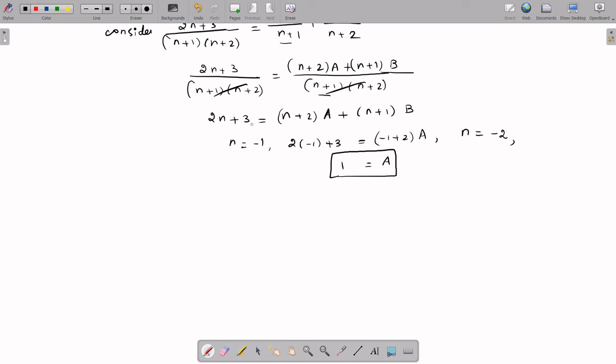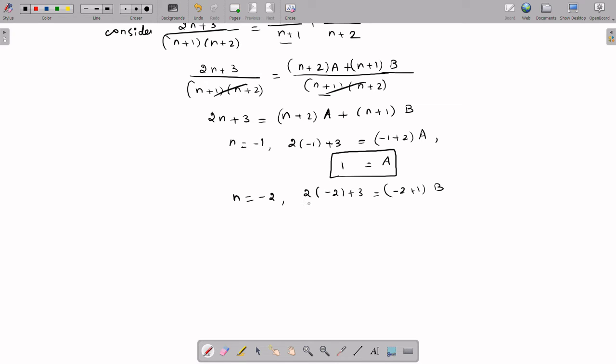Here you have 2 into minus 2 plus 3 is equal to, here n is equal to minus 2 is substituted. This term becomes 0. And here you have minus 2 plus 1. I'll write it here. N is equal to minus 2 is substituted. So 2 into minus 2 plus 3 is equal to, a becomes 0 and minus 2 plus 1 into b.